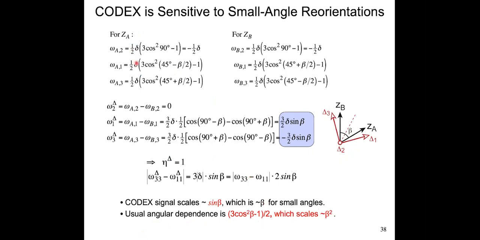Then if you work through the set, this is general, I would just call the reorientation angle between the two, the A and B, beta. And then with respect to the ZA axis, the three values, omega A 1, 2, 3, will come out this way. And with respect to the ZB axis, these are the three expressions.